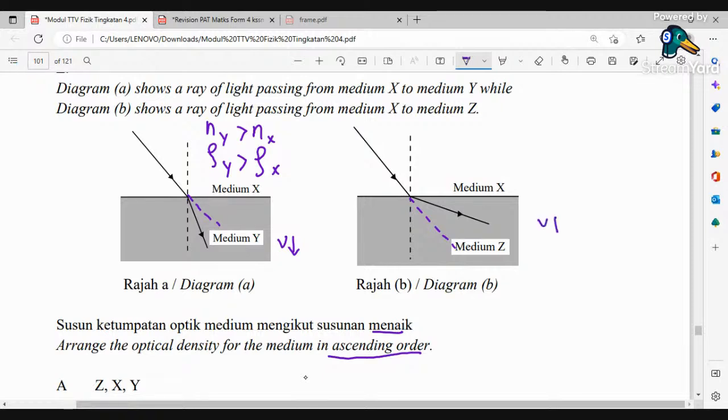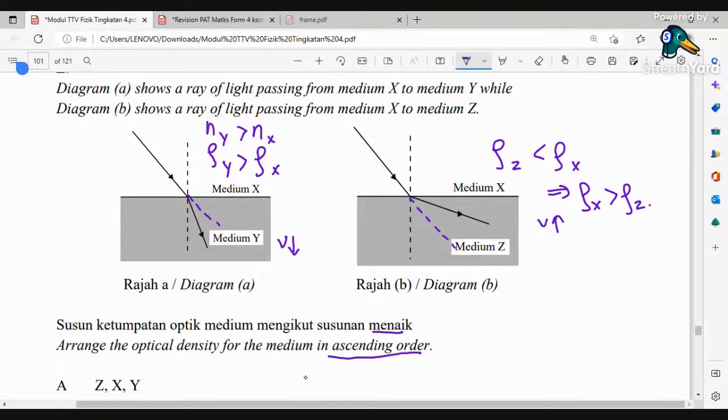Bends away means the speed is higher. Speed higher means Z is less dense than X. Or we can write density of X is more than Z.